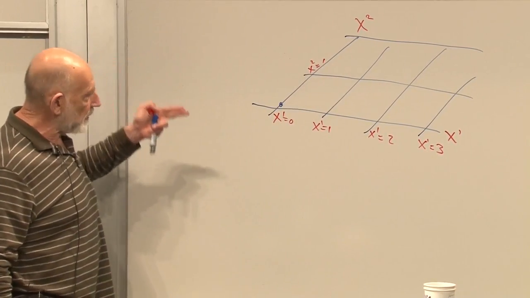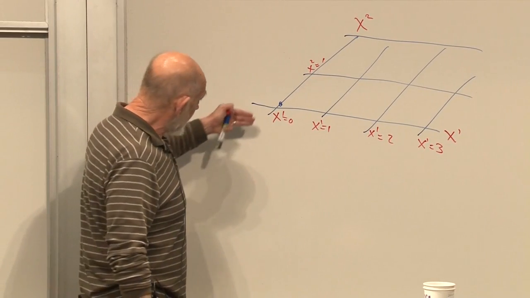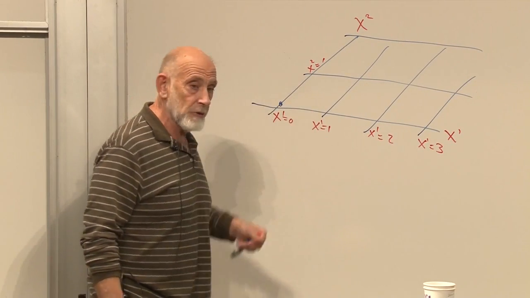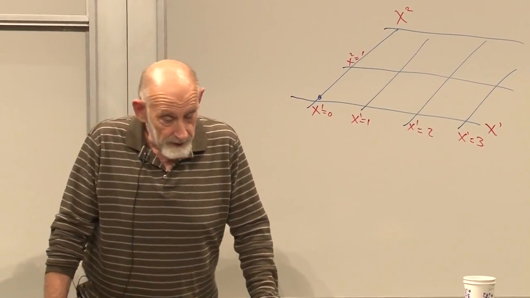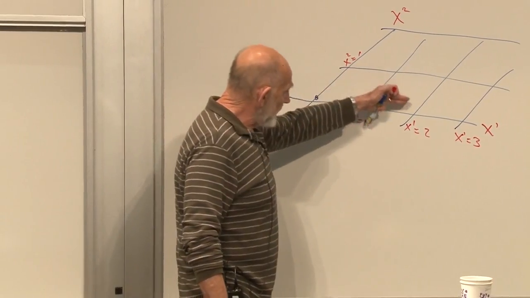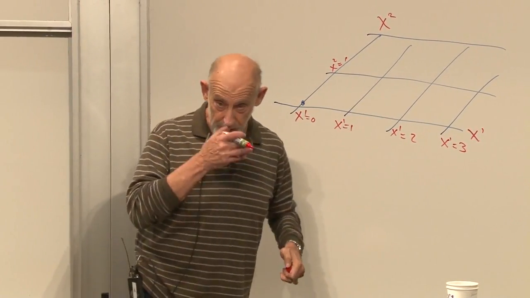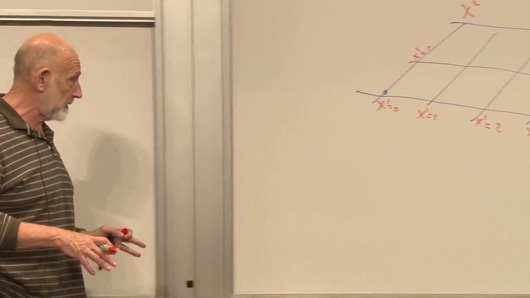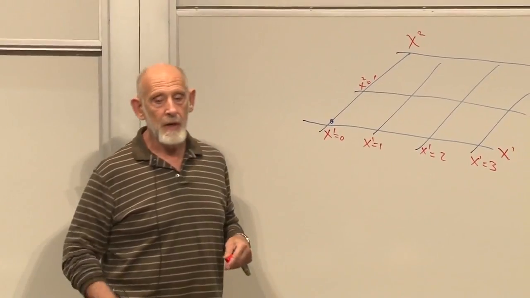The actual physical distance, measured in meters or centimeters or whatever units, between x equals 0 and x equals 1 is not necessarily 1 unit. They're neither perpendicular to each other, nor do these labels represent actual physical distance along the axes. They're just names of points. Here's the point x equals 0, and so forth and so on.